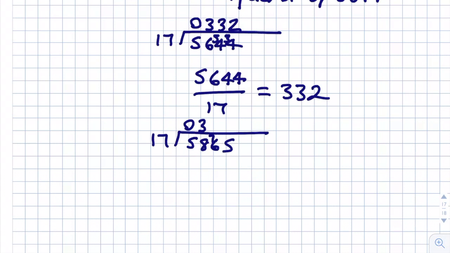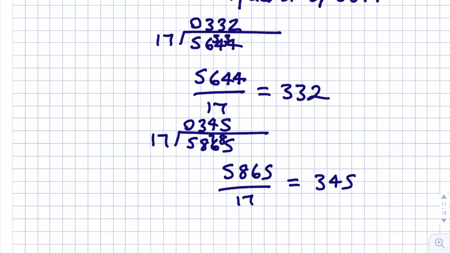So that is going to be 4 with a remainder of 8. And then how many 17s go into 85? Well, 17 times 5 is 85. So I know that 5865 divided by 17 is 345. So 17 is also a factor of 5865.